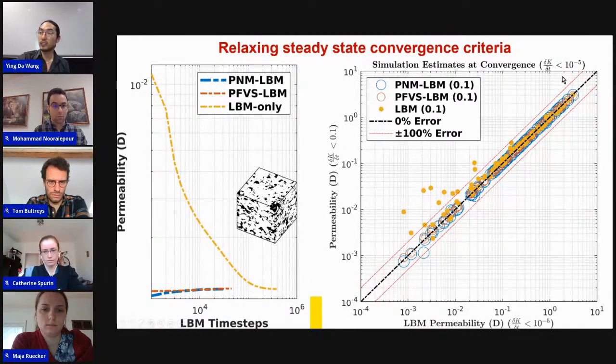By setting a convergence criteria of 0.1 instead of 10 to the minus 5, you can see that even so, you get pretty much a perfect correlation here with the LBM results at a convergence rate of 10 to the minus 5.